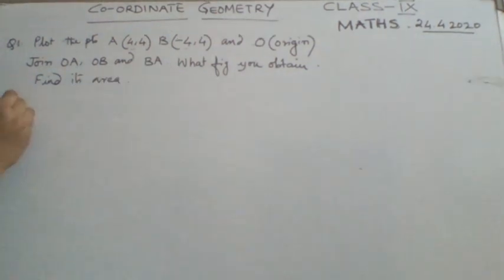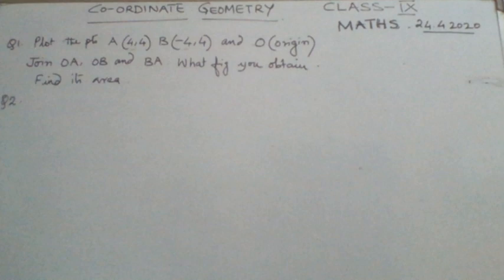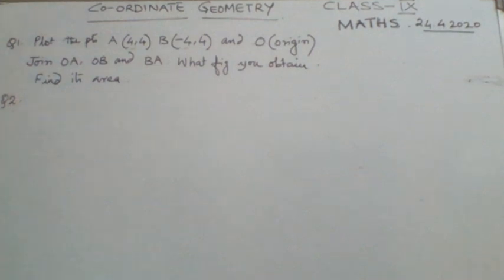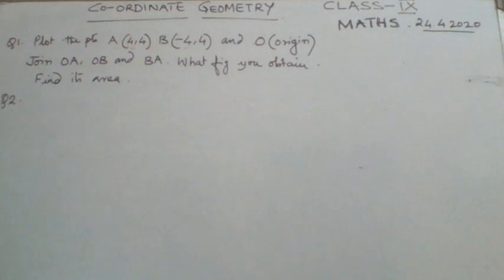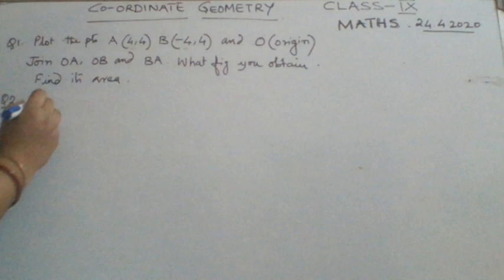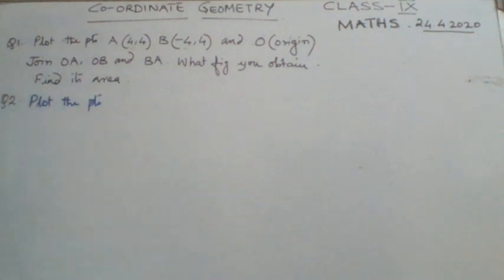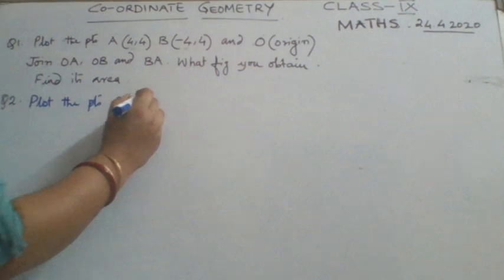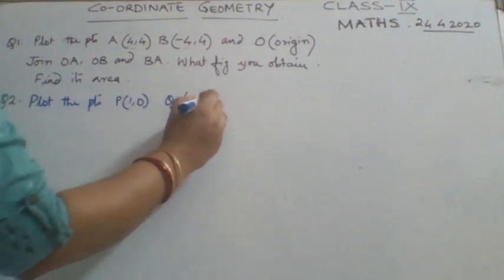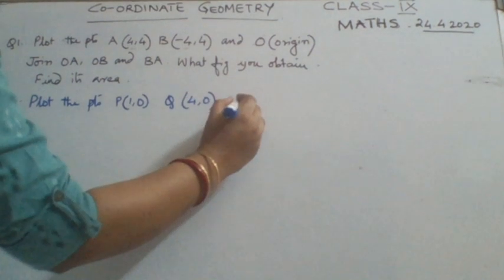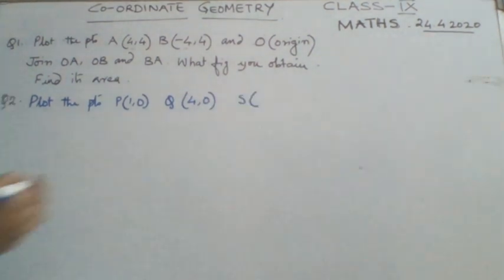Question number 2. Plot the points P, that is 1 comma 0, then Q, that is 4 comma 0, and S, that is 1 comma 3.